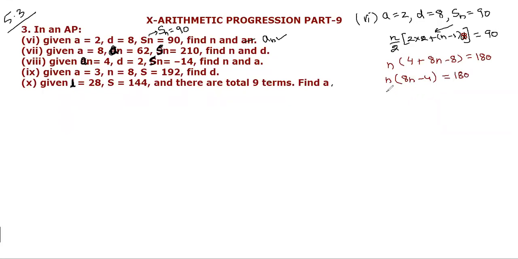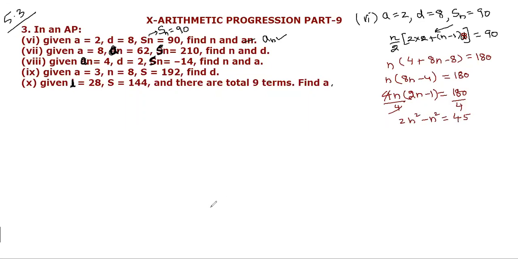And we can take 4 common, so that we can divide by 4. 4 into 8, 2n minus 1 is left here and is equal to 180. So divide both sides by 4, 4 cancel. We get n into 2n minus 1 is equal to 45.